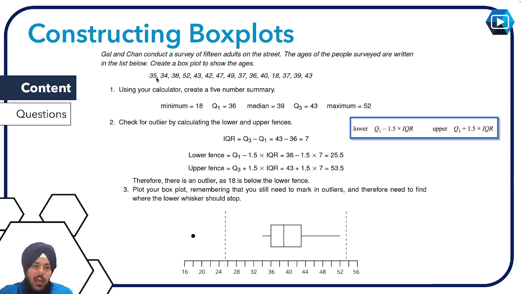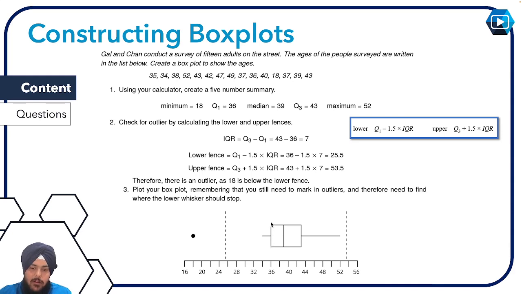So that value will be represented as this minimum value over here. Although technically, the actual minimum value is still 18. But when we're drawing the box plot, it will be represented here as 34 as opposed to 18 because it is an outlier.